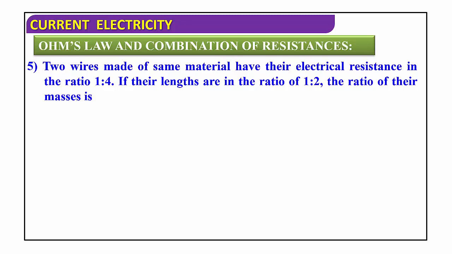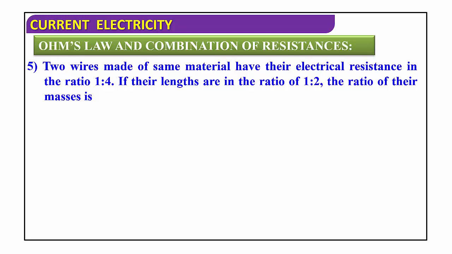V is directly proportional to I, or it can be written as V equals IR. R is a proportionality constant which is called resistance. Resistance is the opposition offered by a conductor to the flow of current and its SI unit is ohm. Based on this concept, let us solve some objective type questions.